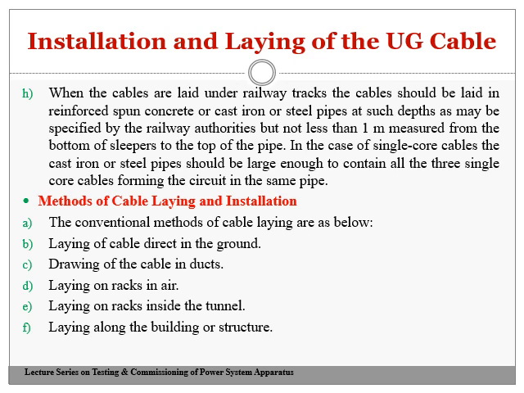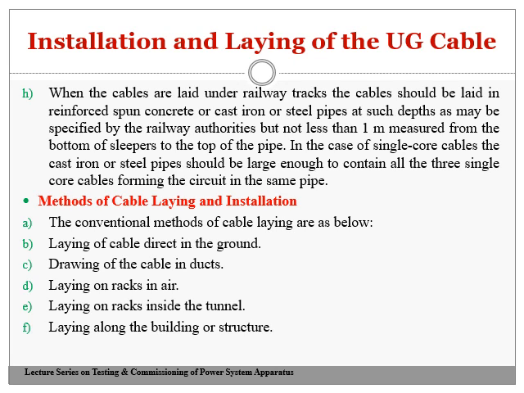The third one is laying of the cables on racks in air, or on racks inside a tunnel. We can keep it open to air, or maybe in the tunnel. Then there is laying along the building structure.